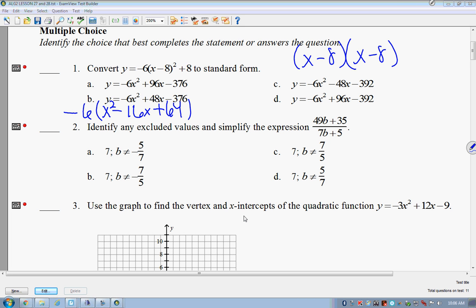All right, and then I still have to add 8 onto that. So now that I have this lower section here, what do I do with that? Distribute the negative 6. Okay, good. So I've got negative 6x squared. What's negative 16 times negative 6?